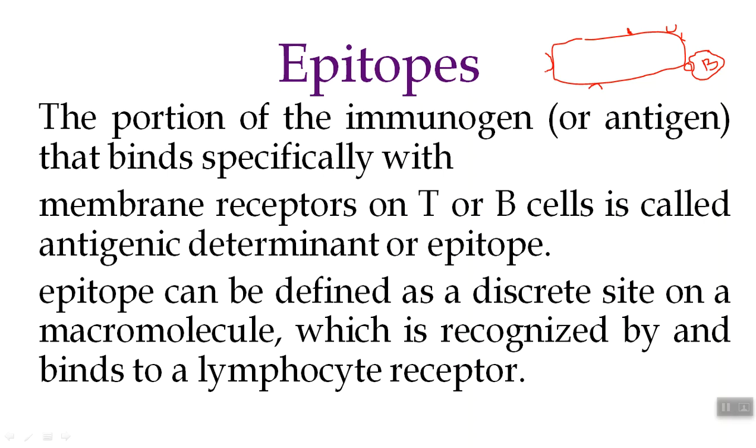But in the case of carbohydrates, if they are made up of repeating units of the same monosaccharide, you'll find identical epitopes. But in proteins, since they show different configurations, the arrangement of amino acids on the surface of the epitopes will differ, and hence you'll find different types of antigenic determinants.